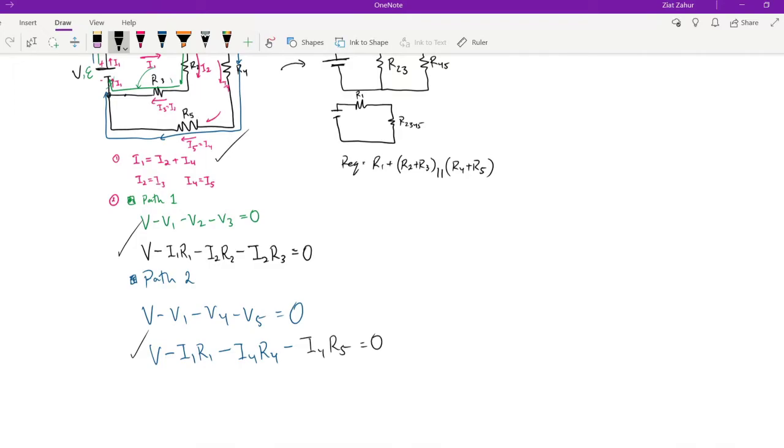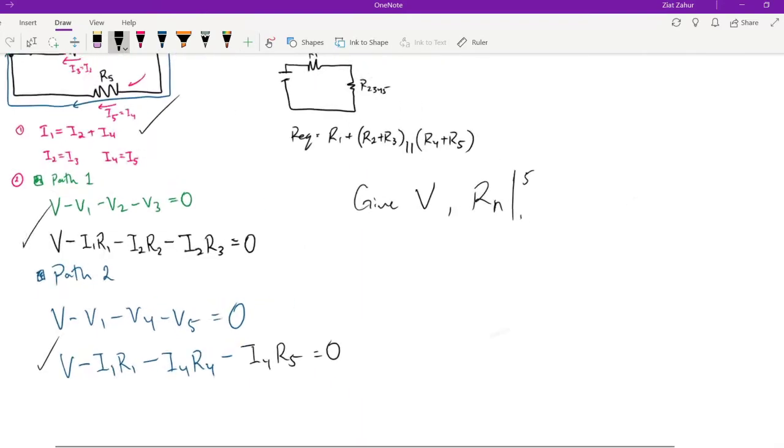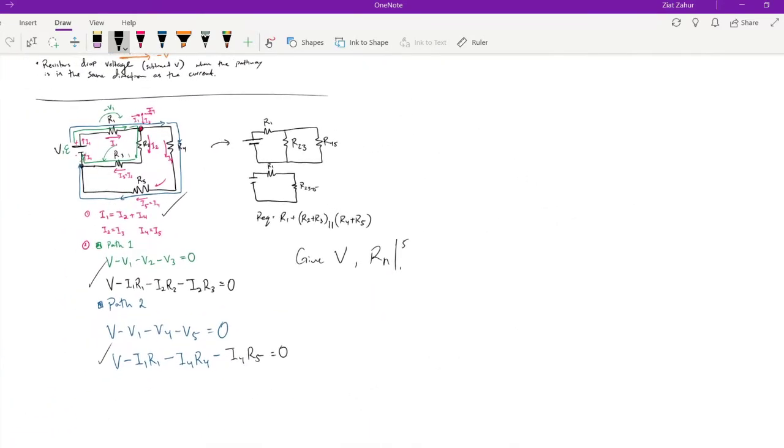Typically, you're given capital V, the battery, and all the resistors, Rn, where n goes from 1 to 5. Whoa, no, that's not really a correct notation, I just made that up. But you'll definitely see that notation next year in AP Physics C.